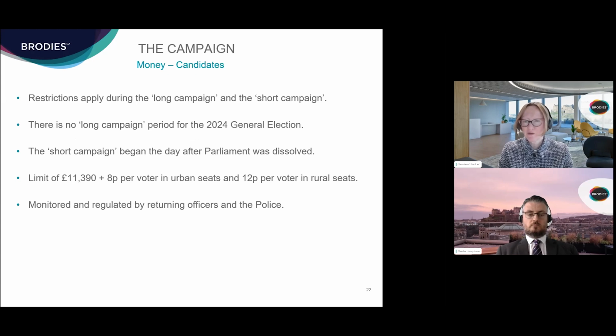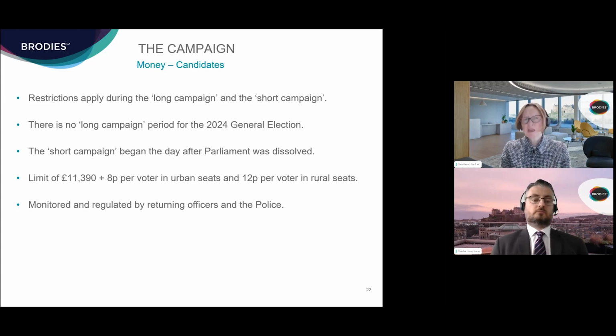Now, we're actually in the short campaign just now, however long it may feel, and a long campaign only happens if Parliament is close to getting to the very end of the 5-year term. So we were far away enough from the 5-year long stop date when the Prime Minister called this general election that there is no long campaign period, but the short campaign period began the day after Parliament was dissolved.